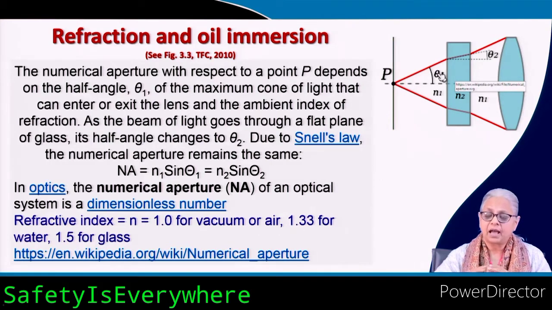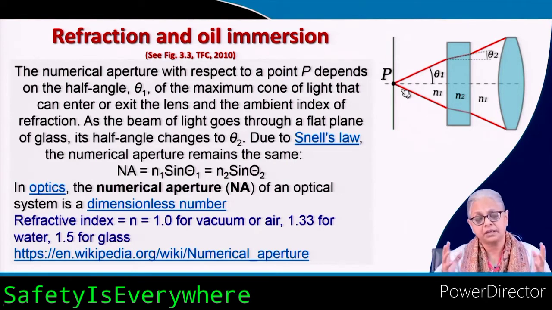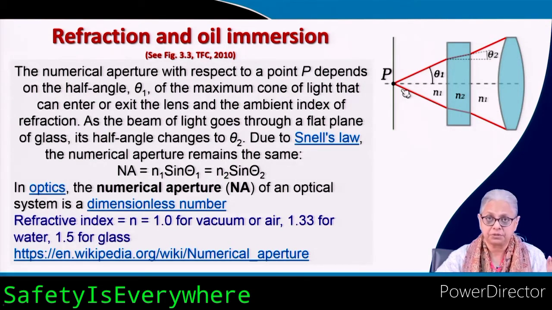So if I add a drop of oil, oil has the same refractive index as glass, and I will stop some of the light from getting scattered. In fact, I can prevent almost all of the light from being scattered. So oil immersion lenses give us the best results.